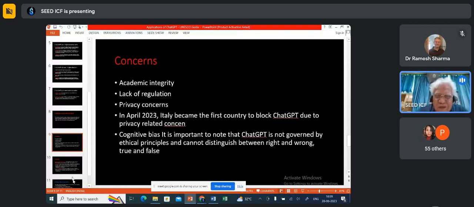True and false cannot be distinguished either. So this is really cognitive bias. It also takes place in terms of what kind of software is being prepared and how it is being prepared. So this is a kind of challenge and concern which you will find.